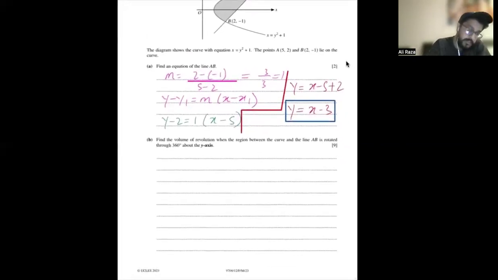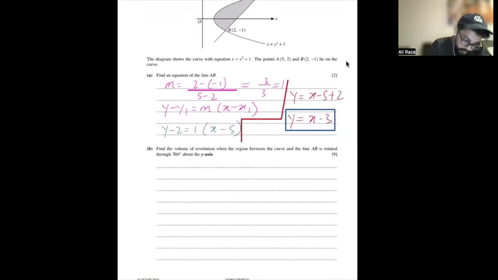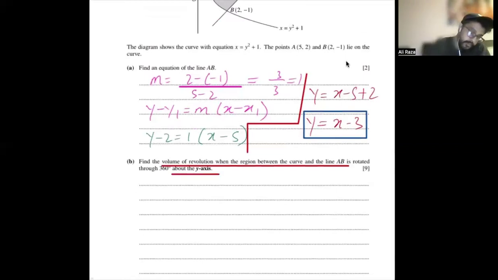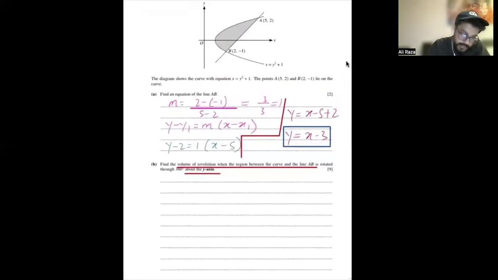So 11b, we need to find the volume between the curve and the line about the y-axis. So the first step would be, we'll change both the equations and make x the subject.